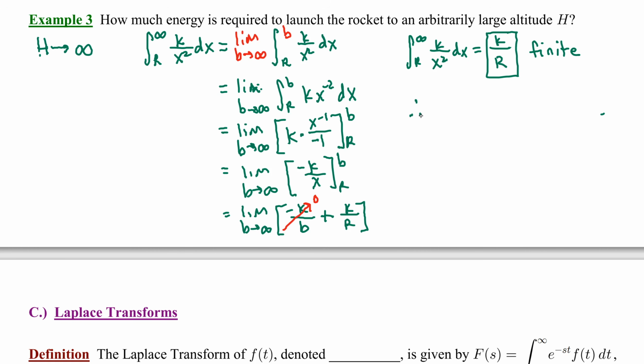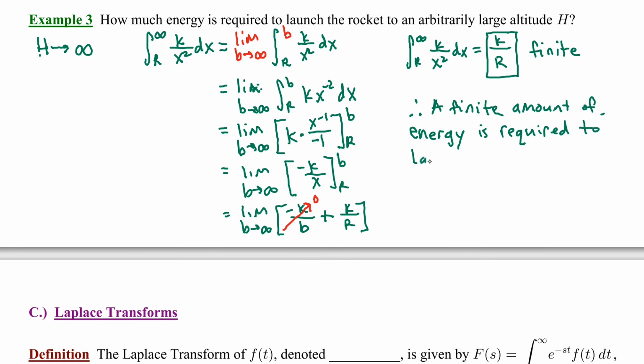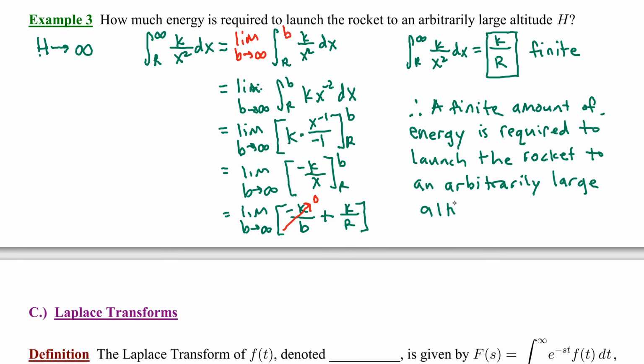So we can say, therefore, a finite amount of energy is required to launch the rocket to an arbitrarily large altitude, which we called h.